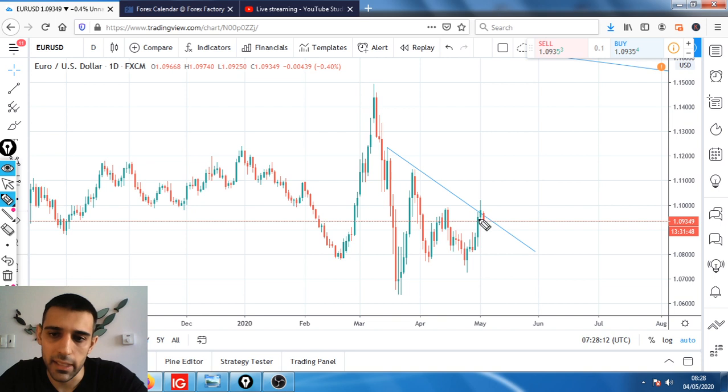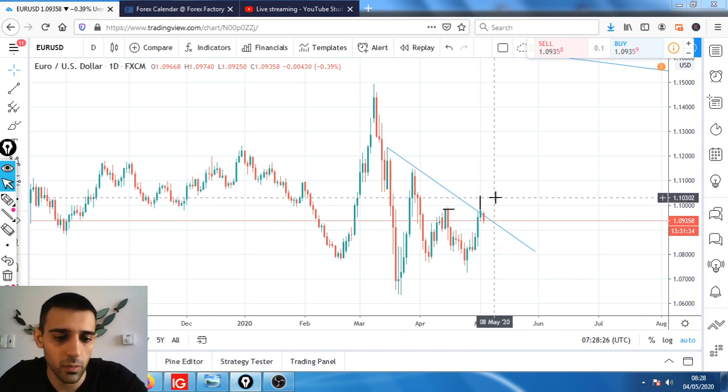For now, we can see that the price came up. This was a Friday session. We have this spike, so it took out this high, and it went quite far as well.